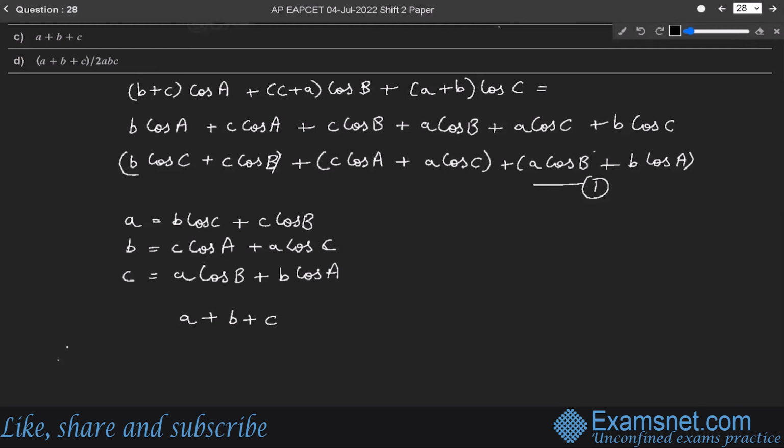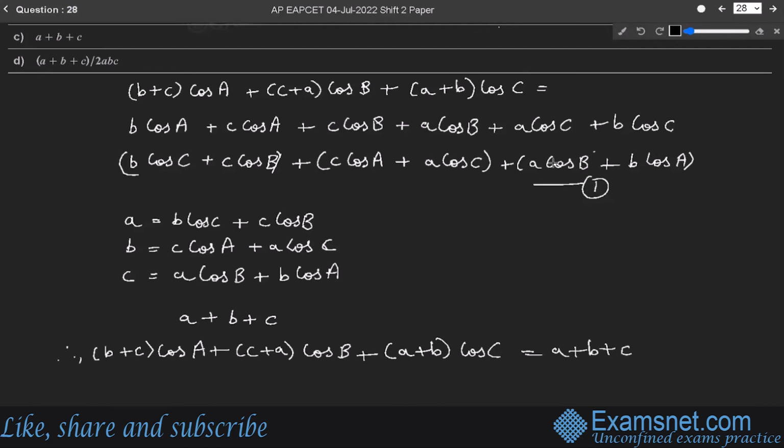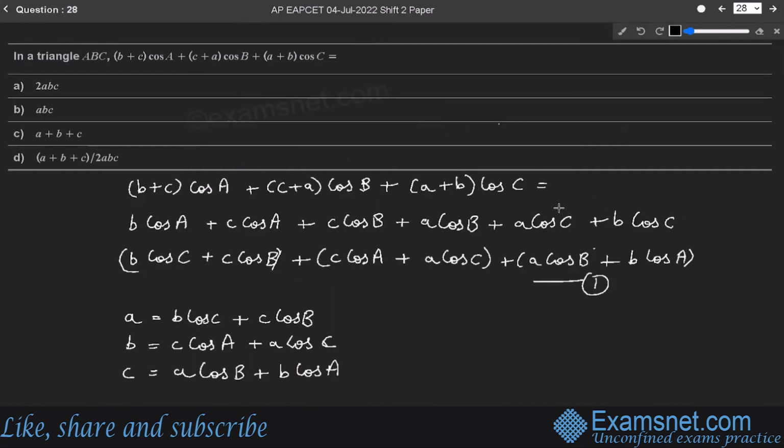Therefore, we can say that (b plus c) cos A plus (c plus a) cos B plus (a plus b) cos C is equal to a plus b plus c. This is the required value for the given question. Therefore, option C is the correct option for this question.